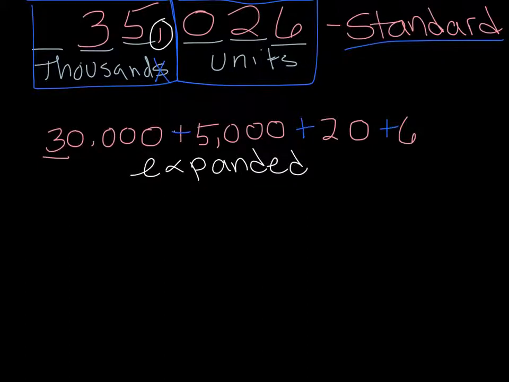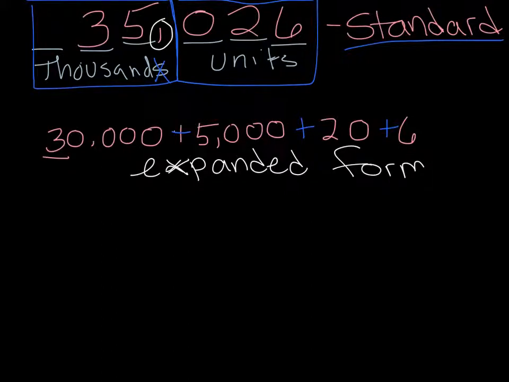This is another way of writing the same number, but obviously we're expanding it, we're stretching it out and adding the value of each digit. If you add up all of these digits, you will get 35,026.